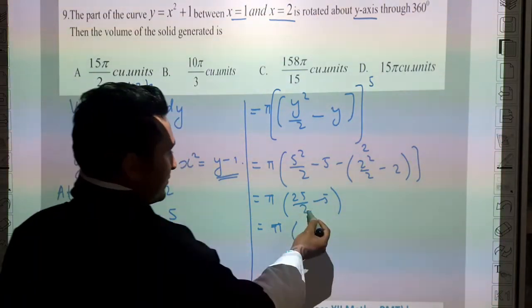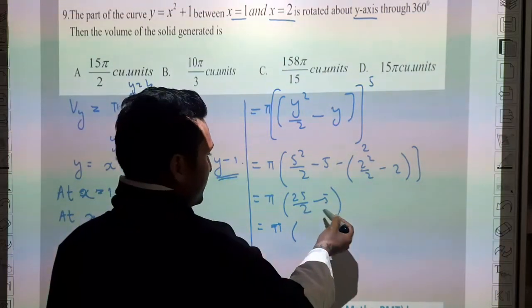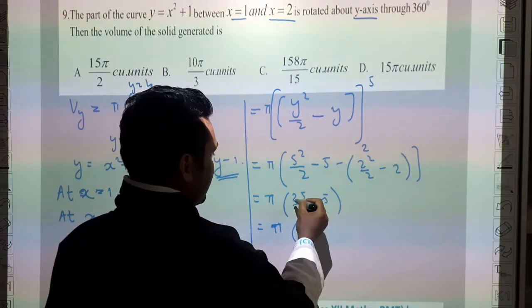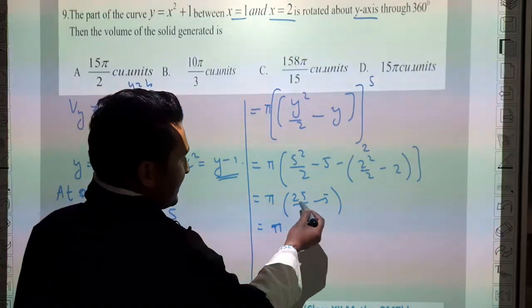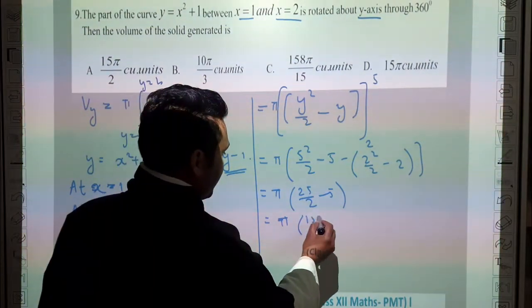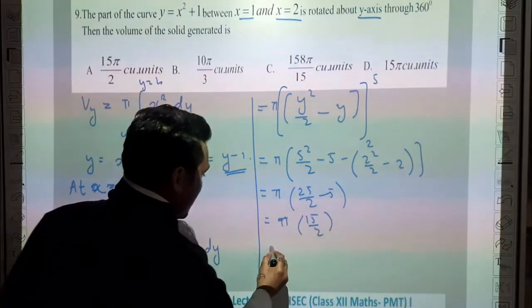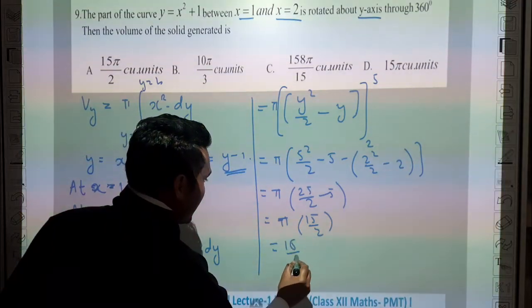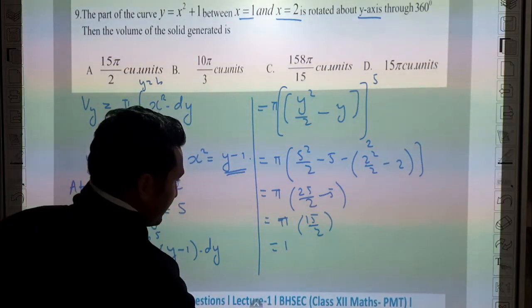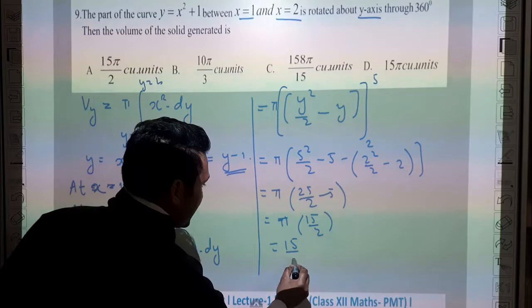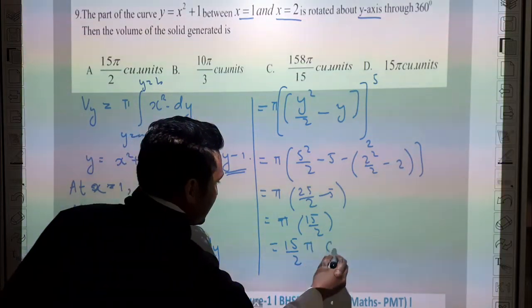Out here 2 times 5 is 10, just subtract 10 from 25, you will get here 15 divided by 2, which is equal to 15 divided by 2 pi cubic unit.